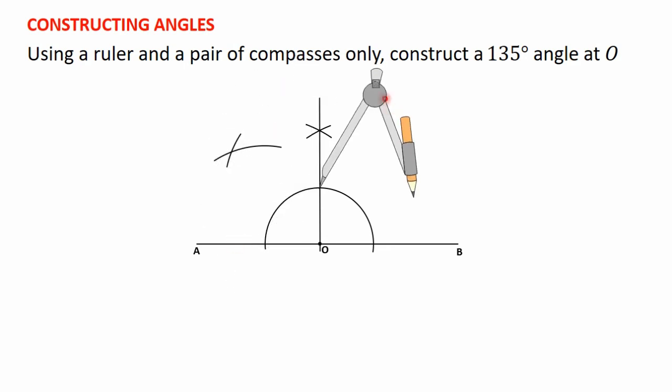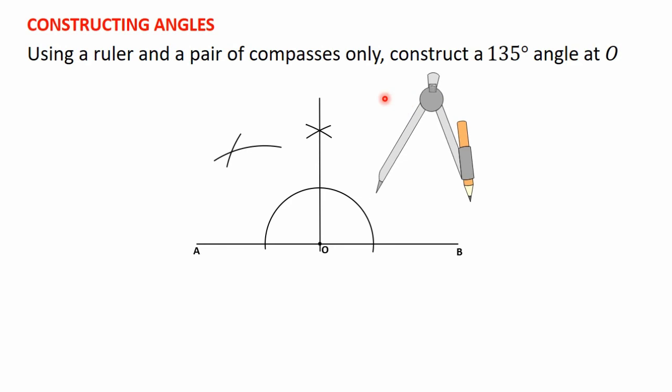We are now done with the compass, so I'm going to take it off. I'm going to clean the extra portion of the arc so that we can see the point of intersection clearly. Okay, we have this point here, which is the point of intersection of the two arcs, and point O. We will draw a straight line to join them.